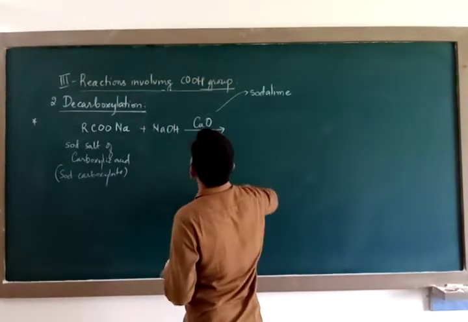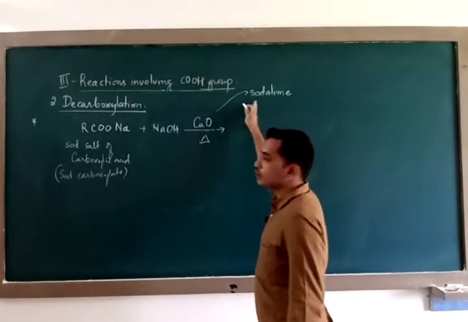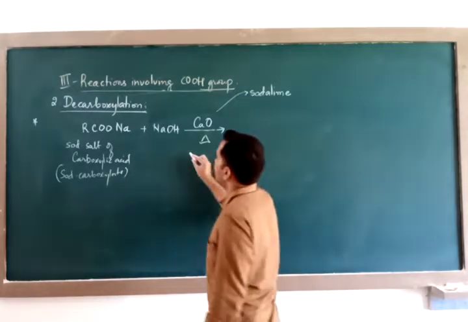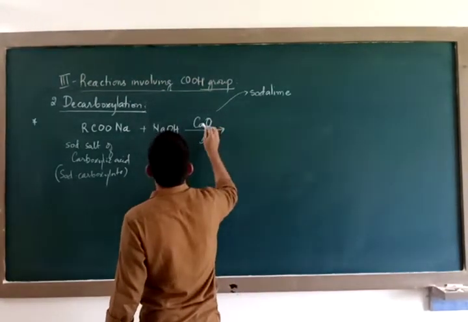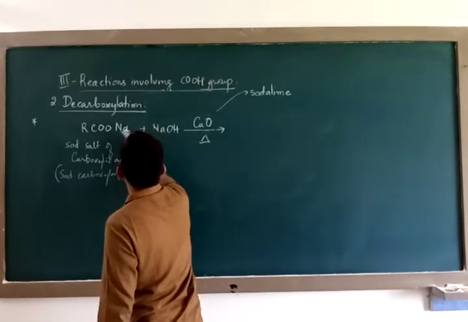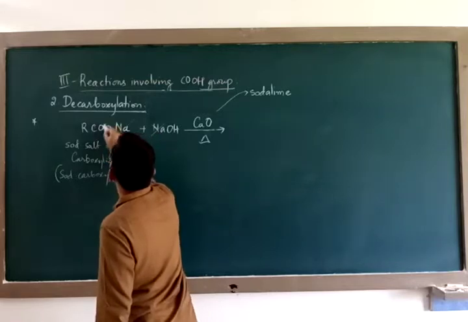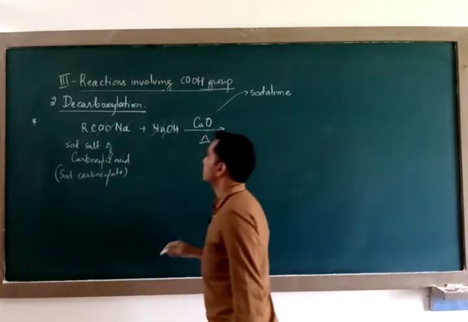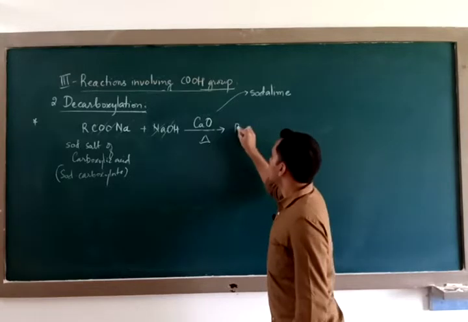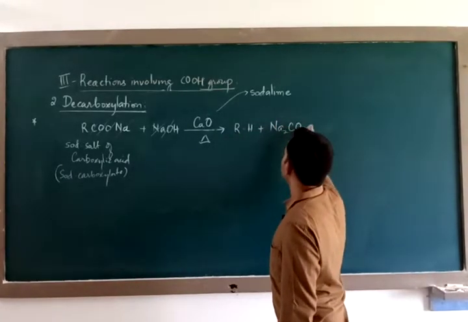Now, when sodium salt of carboxylic acids are heated with soda lime, then you see, you eliminate this part. Na is gone into COO. This much part is removed. What is left? RH plus Na2CO3.